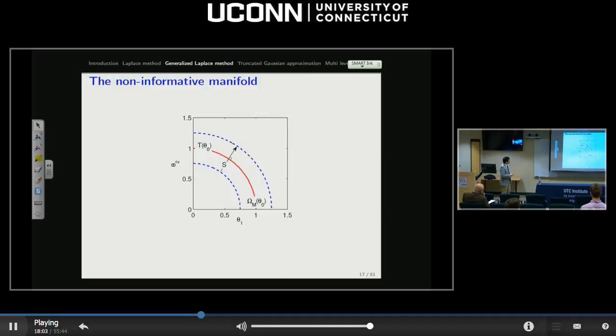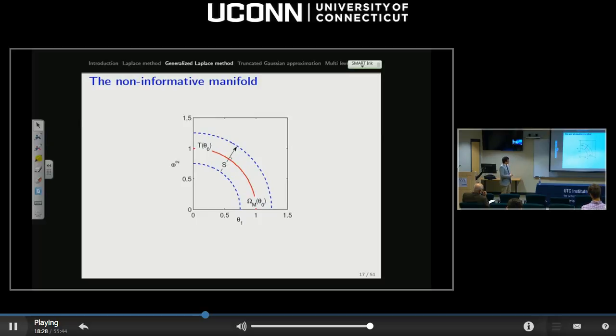What we want to do is find a very small region around this manifold and do a reparameterization in this region, omega m. And we define a new parameter t on the manifold and parameter s on the orthogonal direction of the manifold.